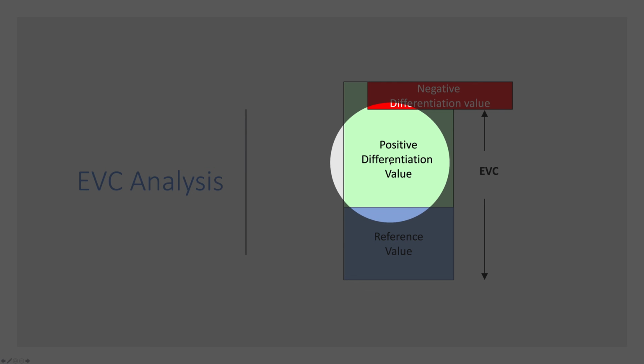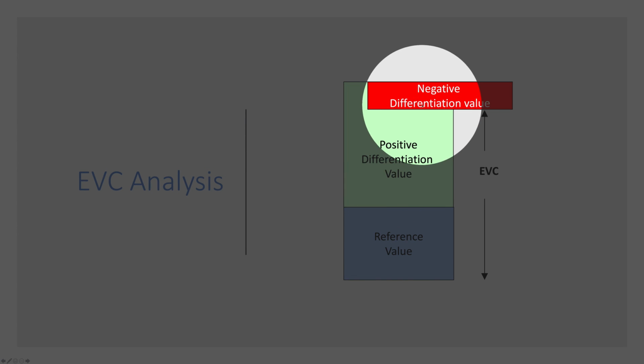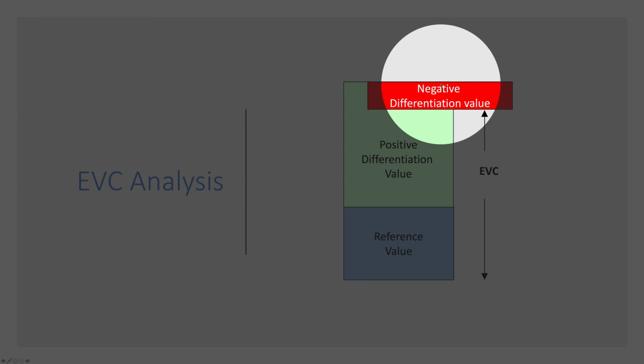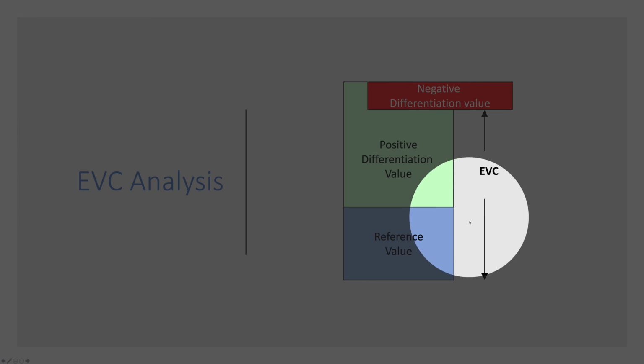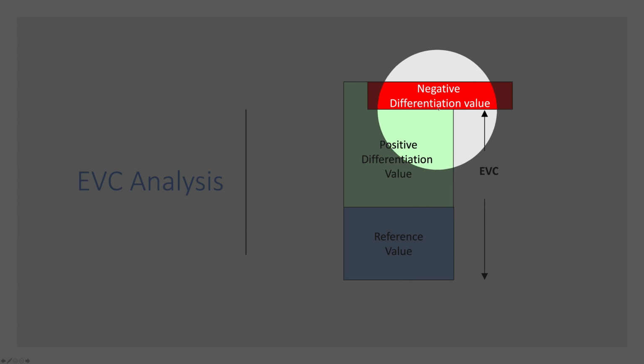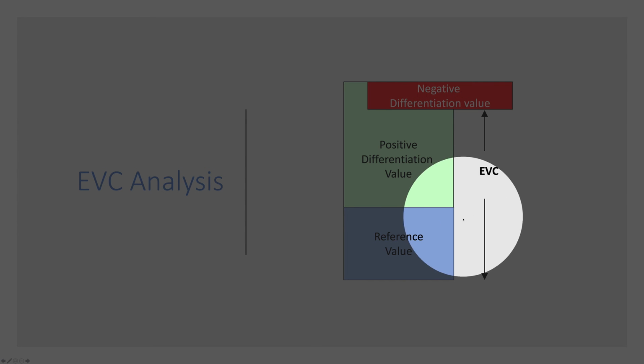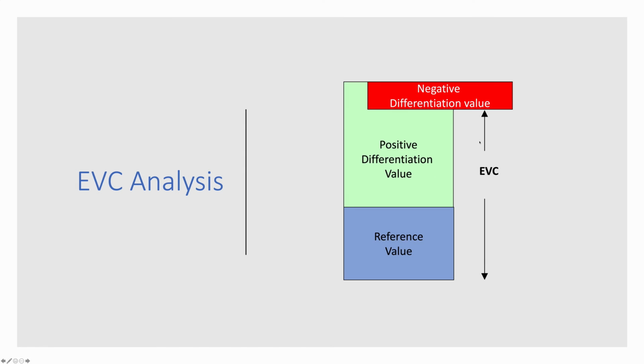So your product is not necessarily performing better than your competitors. The differentiation value can be negative, so it drops by that much. At the end of the day, the EVC is basically the reference value plus the positive differentiation value and minus the negative differentiation value. This span is the EVC.